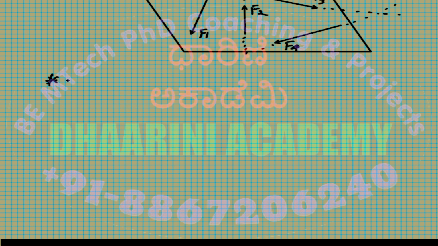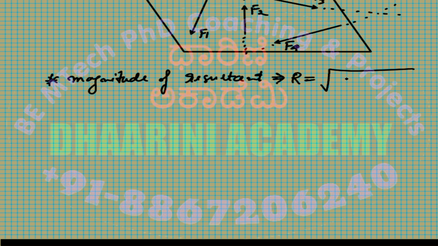the first point is the magnitude of resultant. This is normally denoted by R is equal to, once again, under root of sigma Fx, summation of the Fx whole square, plus summation Fy the whole square, right?